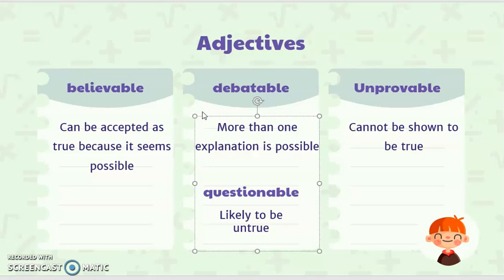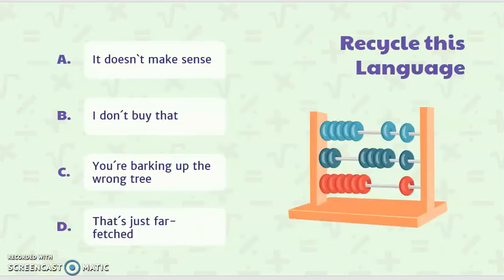And of course, you have a lot of exercises so that you have more examples. Remember that we can use a lot of language expressions and vocabulary. We have a lot of adjectives. For example, if you want to discuss how believable a story is, you can practice with this recycled language.